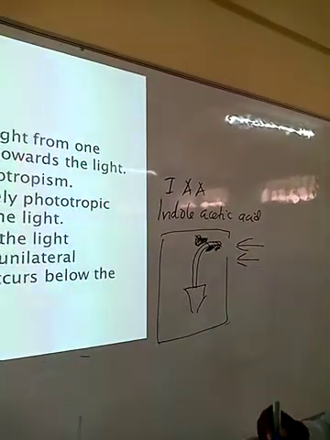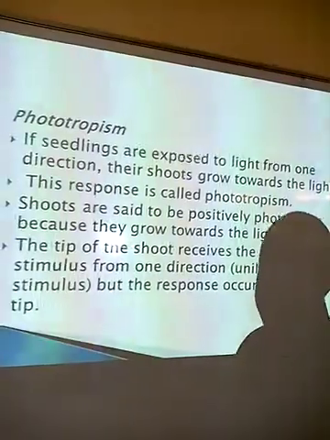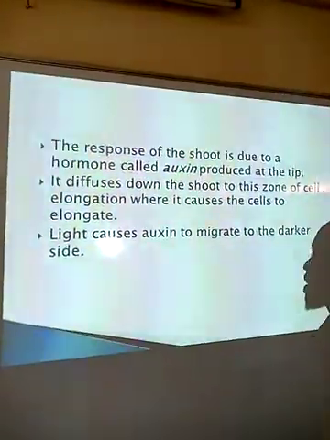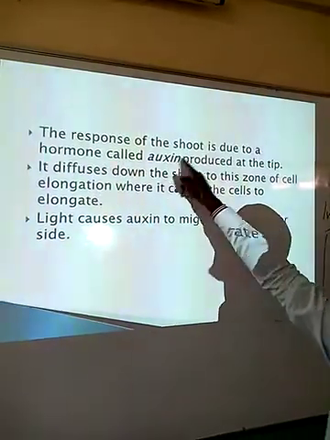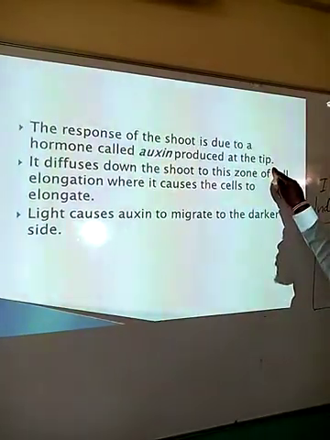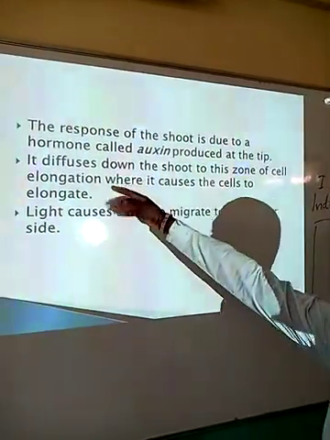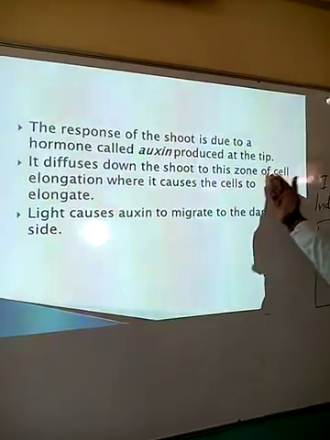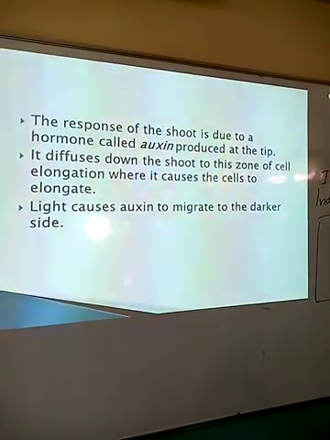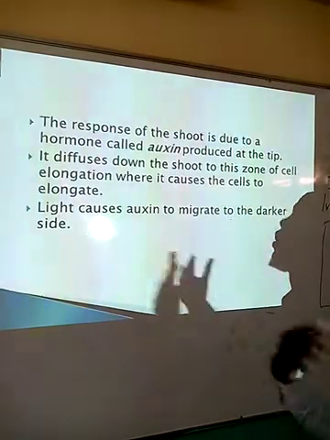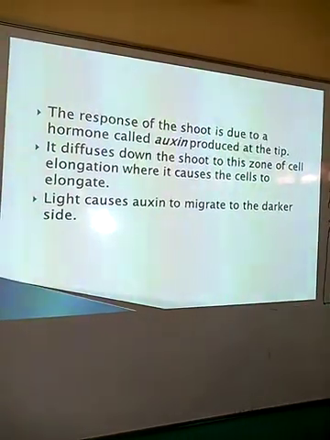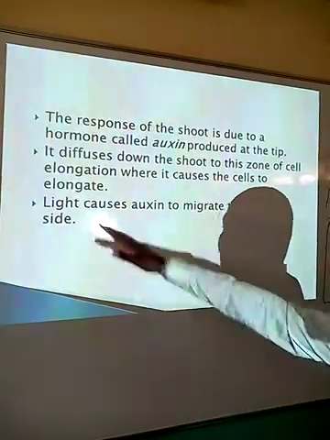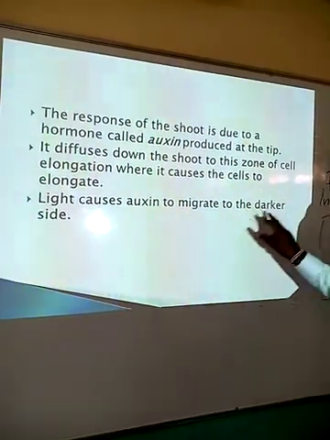So that is how phototropism occurs. The response of the shoot is due to a hormone called auxin produced at the tip. It diffuses down the shoot to the zone of cell elongation where it causes cells to elongate. Light causes auxins to migrate to the darker side.